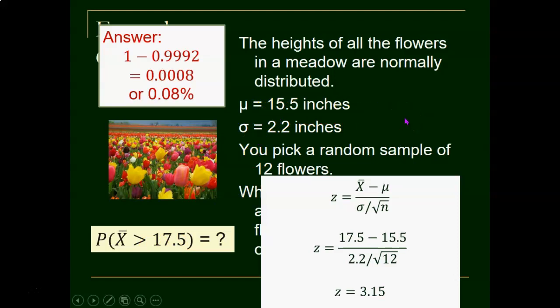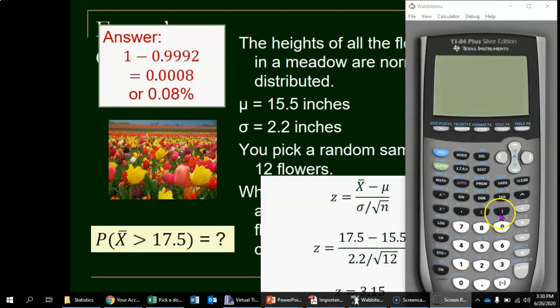Now let's talk about some of the other ways we could do this. If you have a graphing calculator, you could just use the normal CDF function on the calculator. So remember, go to the distributions menu, select the second thing on the list, normal CDF with a C. And in this example, we were going from 17.5 all the way up.